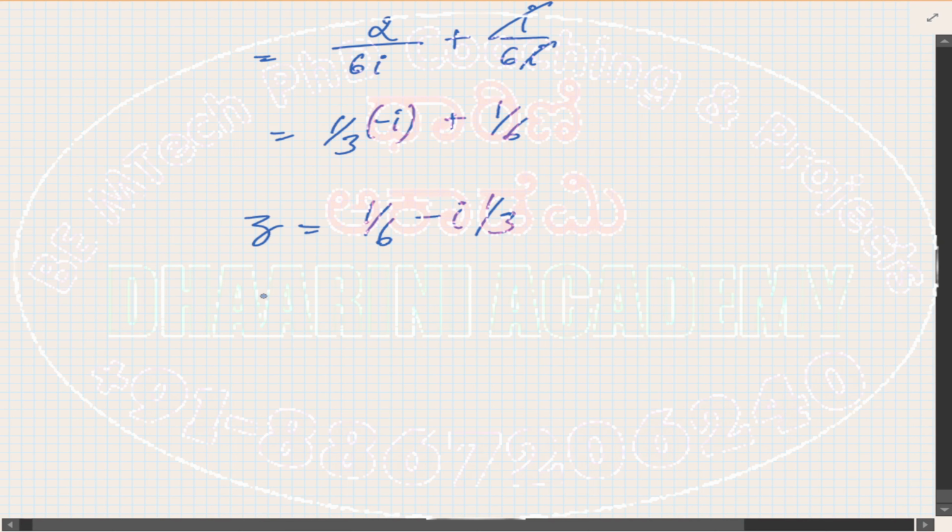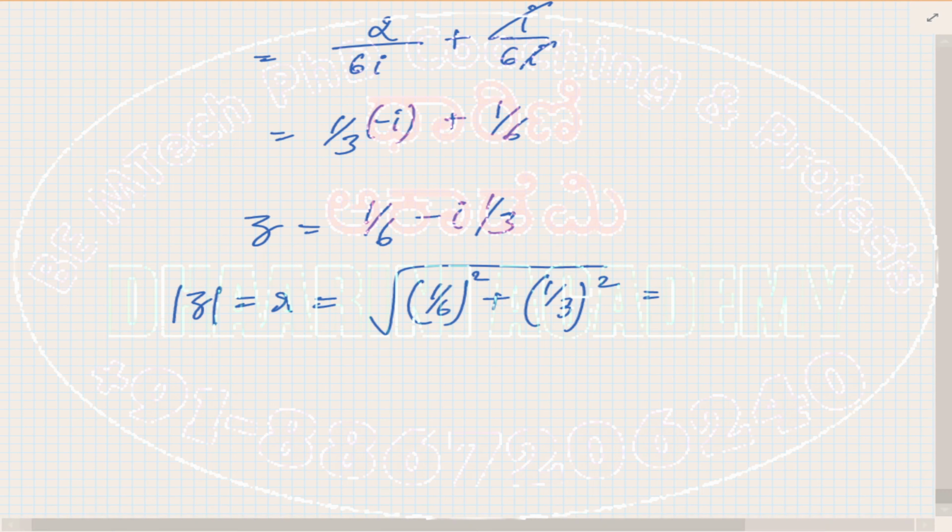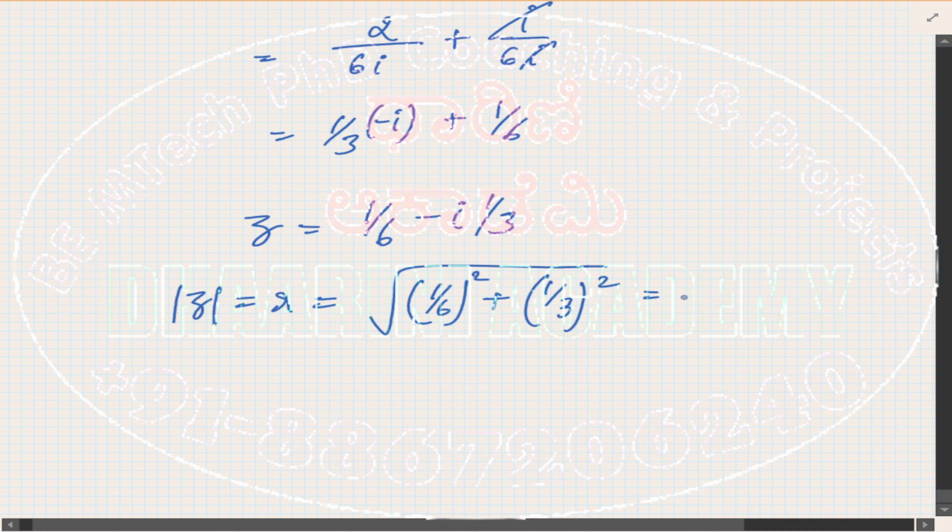Now you calculate the magnitude of Z. Magnitude of Z is r, that is root of 1 by 6 square plus 1 by 3 square. First calculate the value for r. The magnitude is equal to 0.36.